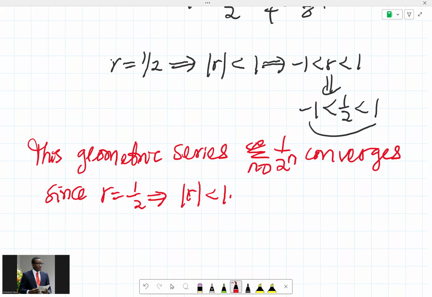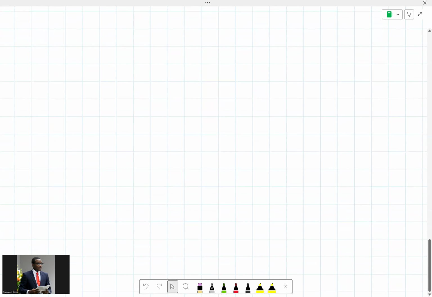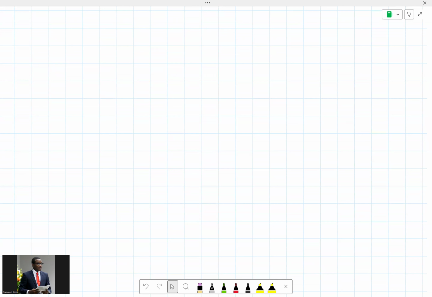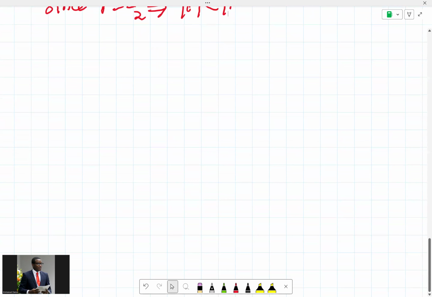So let's see if we can get practice questions on this. Let's see if we can have more examples so we can have some practice questions in this line. All right, so check this out and tell us why they diverge or converge.